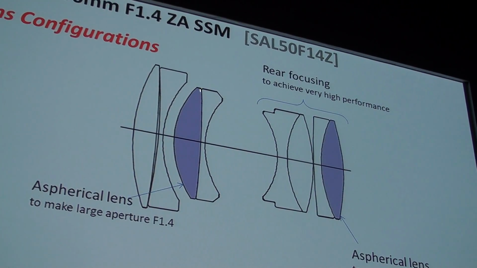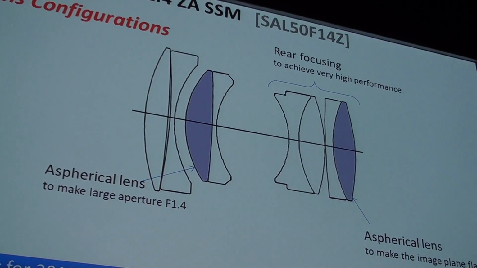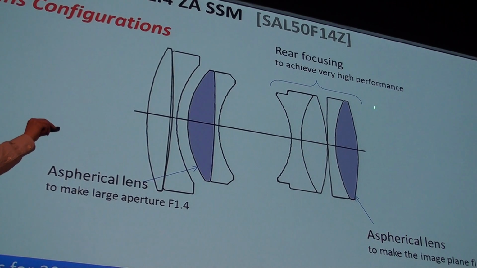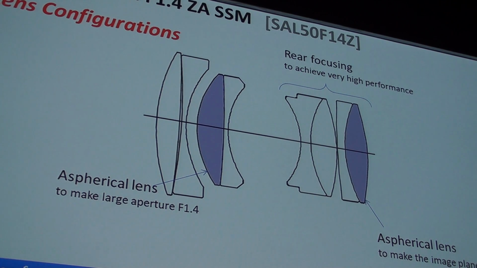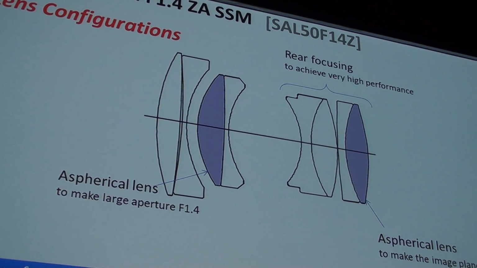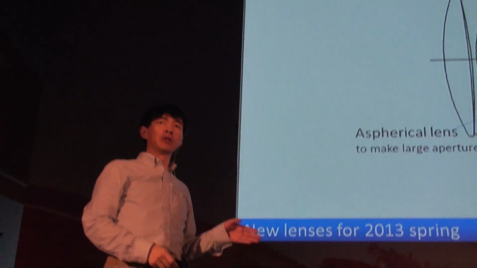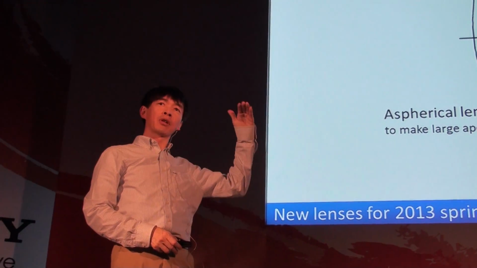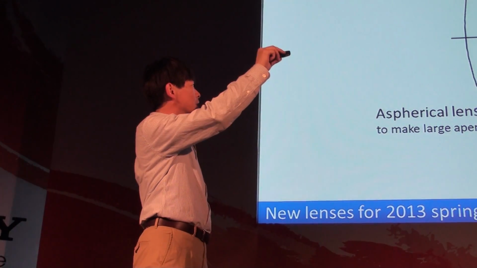This one is to make the large aperture f1.4, and the other one is to make the image frame flat. In many cases, the flatness of the image frame is not good. To improve the optical performance in the corner area, we introduced this aspherical lens.